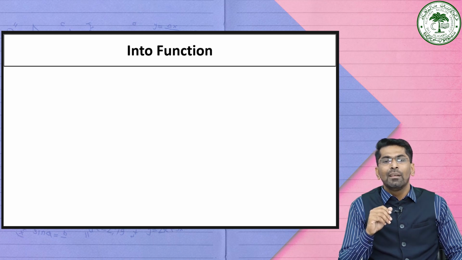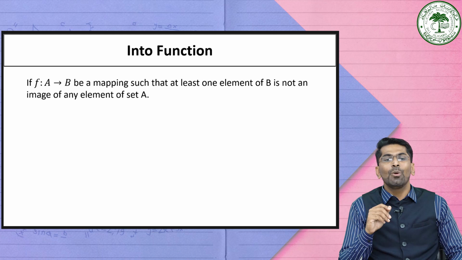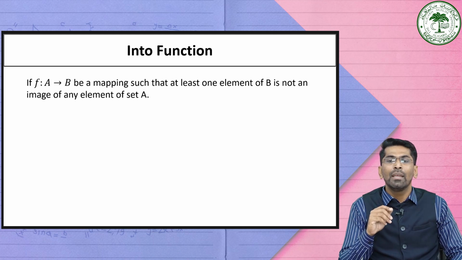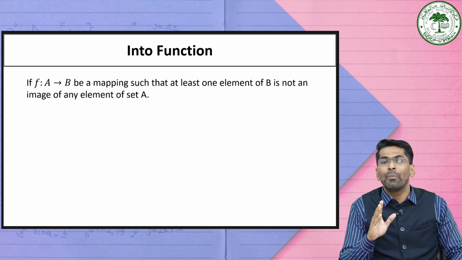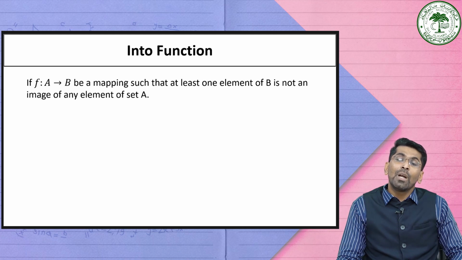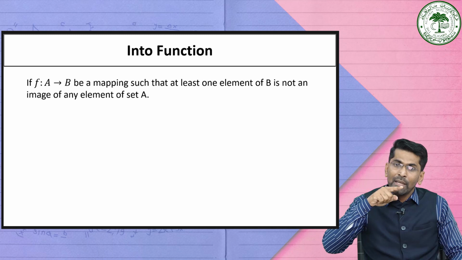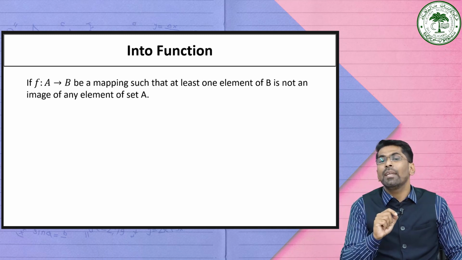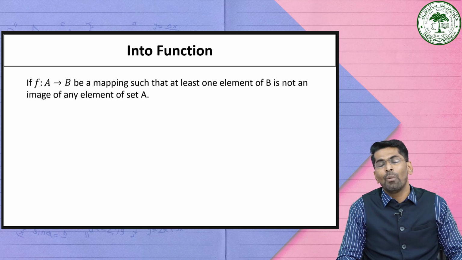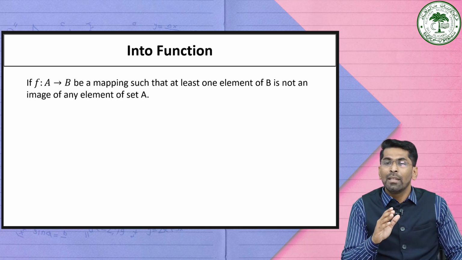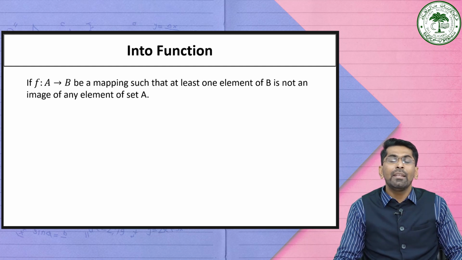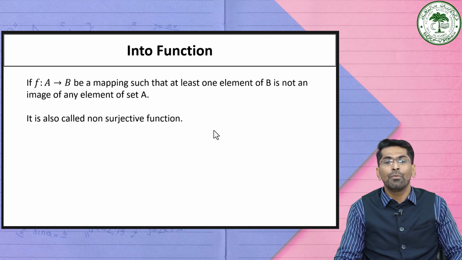If f is a function from A to B, a mapping such that at least one of the elements in B is not an image of any element of set A. That means if there exists at least one element in the codomain which is not an image of any element in the domain, then the function is known as an into function, and it is also called a non-surjective function.